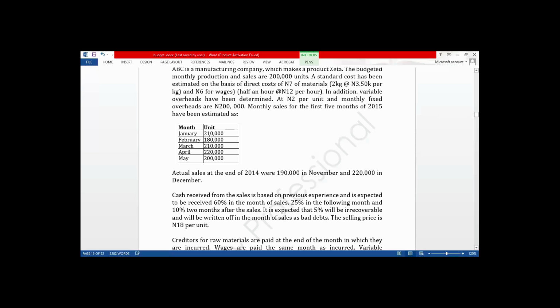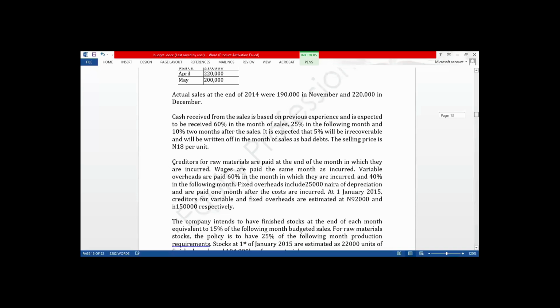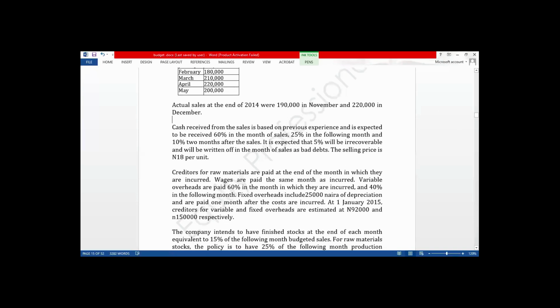Then January, budgeted sales 210. February, budgeted sales 180. March 210. Before I go out of that, let me also show you selling price per unit, 18 naira. So let me go to the working now.